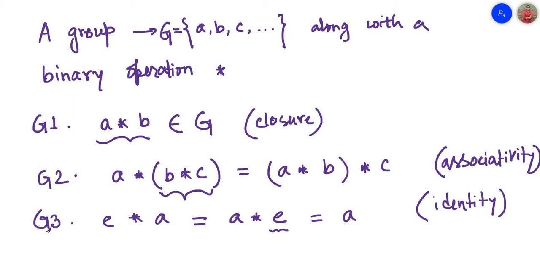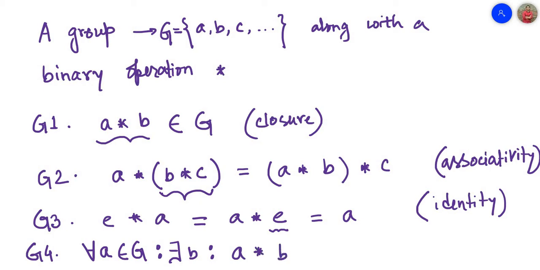Last but not the least, we have the fourth axiom, which postulates for each member of the group its inverse. So for all members A of this set, there exists another member, let's call it B, such that A, when combined with B, is the same as combining the elements in the reverse order, B star A, and this altogether will give me the identity.